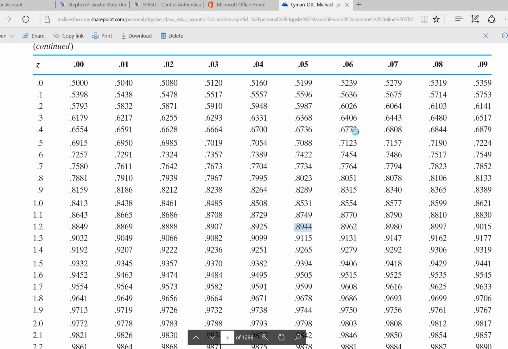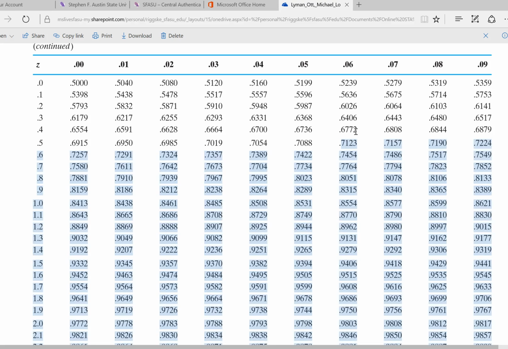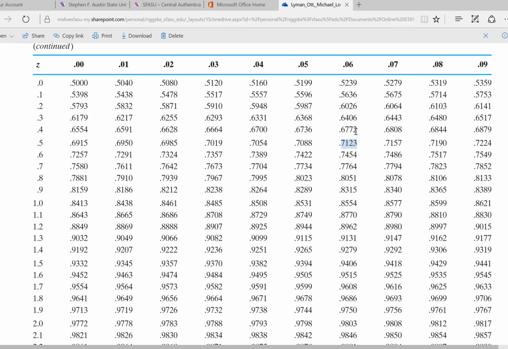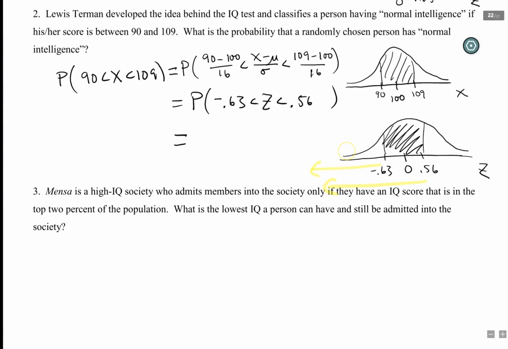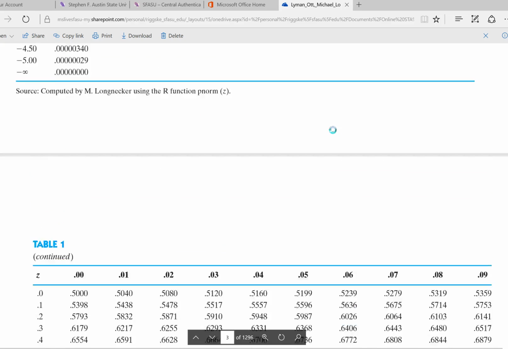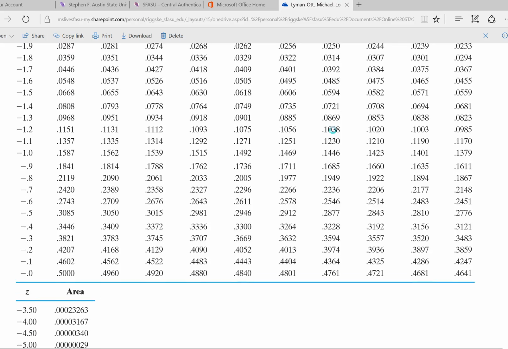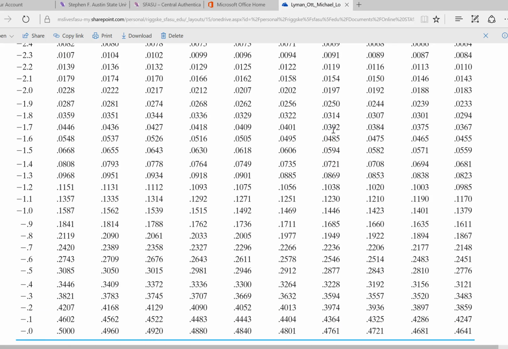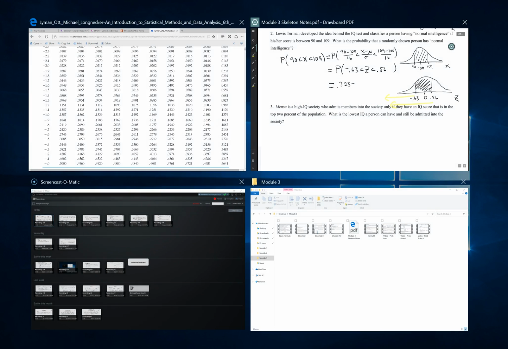When Z is 0.56, I get a left area of 0.7123. And when Z is negative 0.63, the left area is 0.2643.